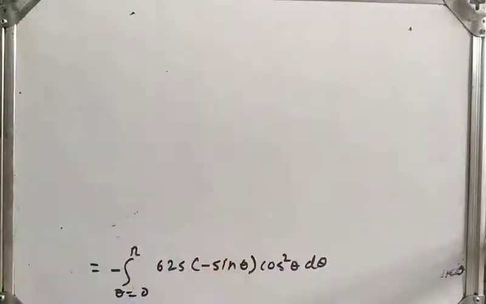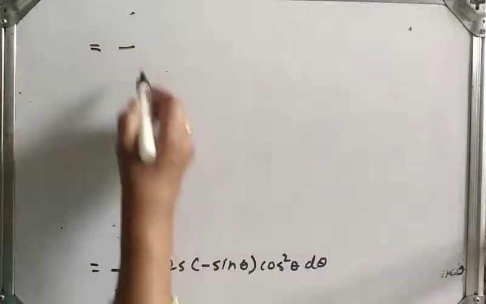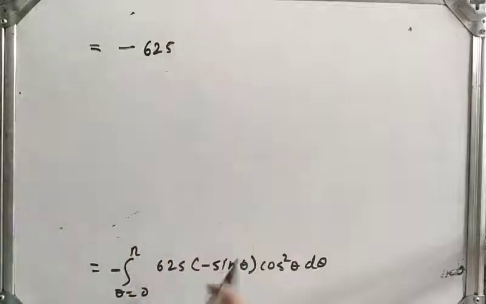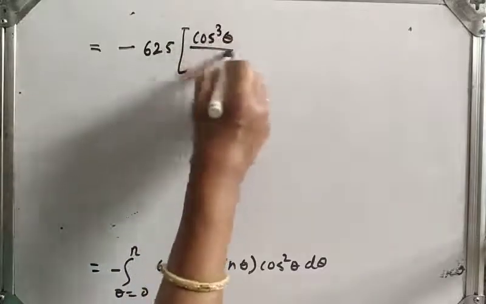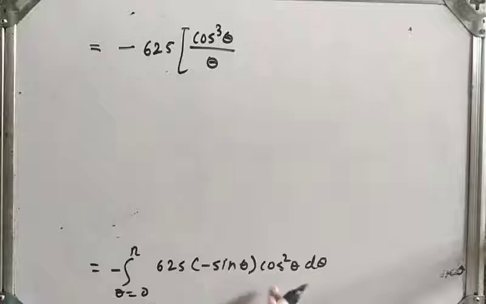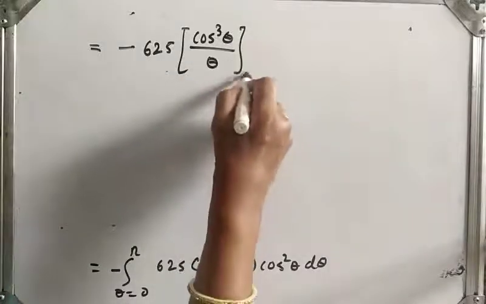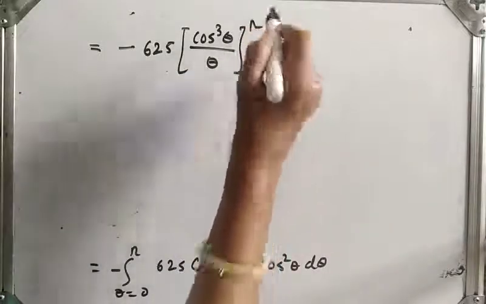So which is equal to this minus sign, see 625. Okay. Integration of cos square theta, that will be cos cube theta upon 3, okay, because its derivative is there, and its limit is theta is equal to 0 to pi.